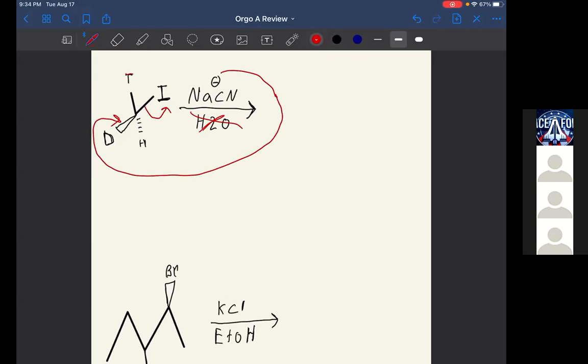So the D is still going to stay on a wedge, the hydrogen is still going to stay on a dash, and the T is going to still stay like that. All that happens is it attacks from the backside. So your overall product, it would push this D up, push this hydrogen up, T would remain there, and then your CN would attack from the back. Does that make sense to that one?